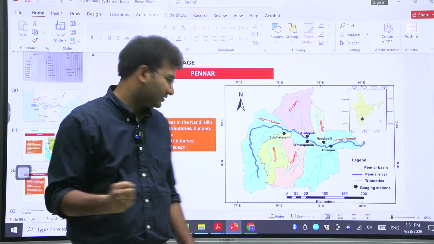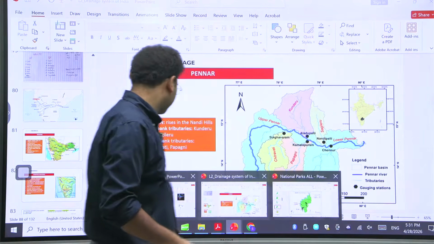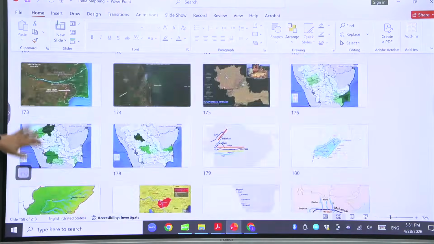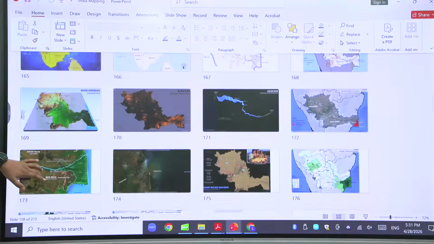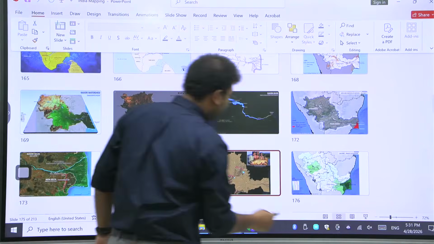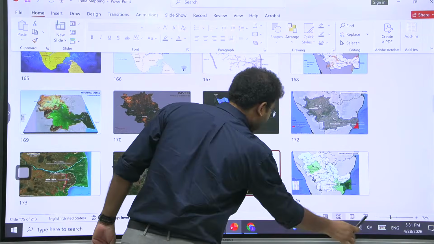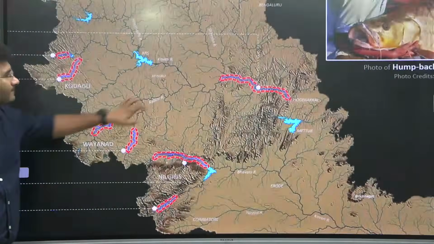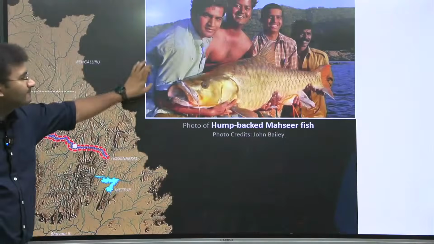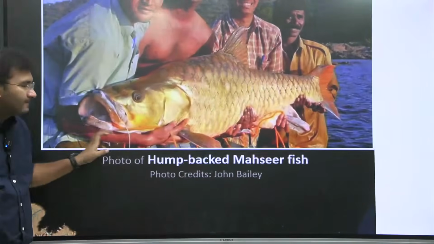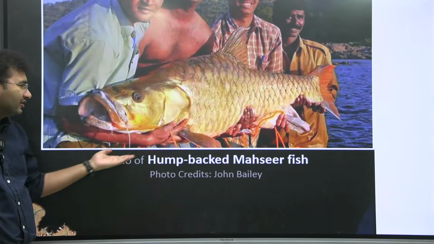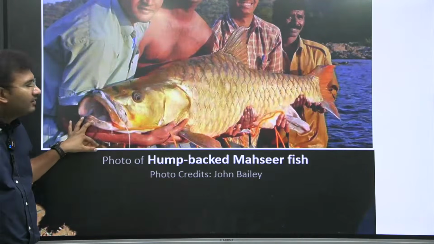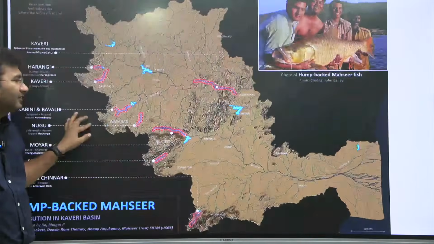Let me show you. The name is the same, golden mahseer or humpback mahseer fish. Their population is decreasing in Kaveri.